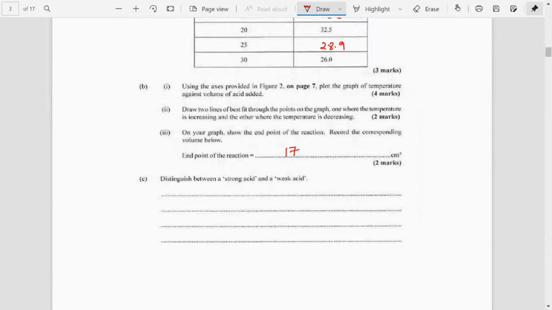Then the next question says C, distinguish between a strong acid and a weak acid. So essentially a strong acid is one that dissociates, ionizes completely in solution.